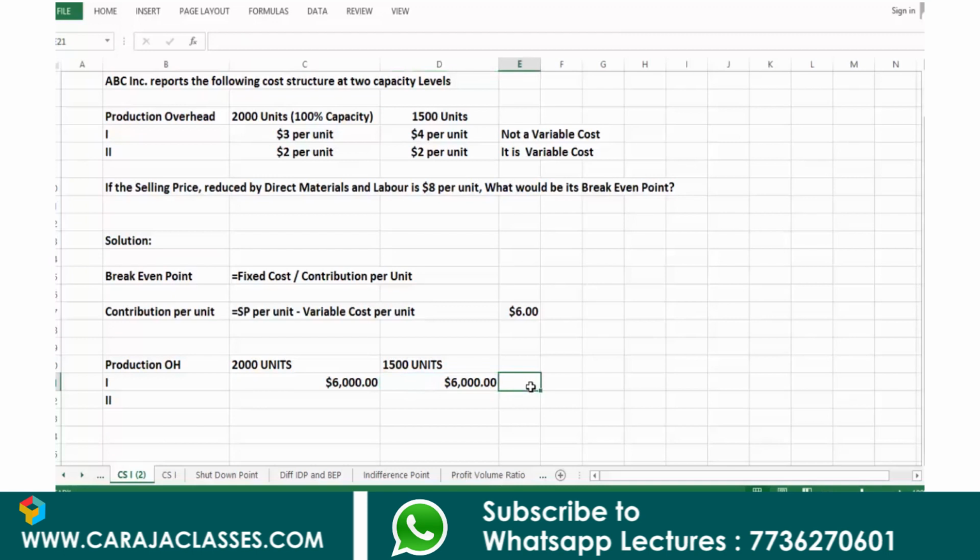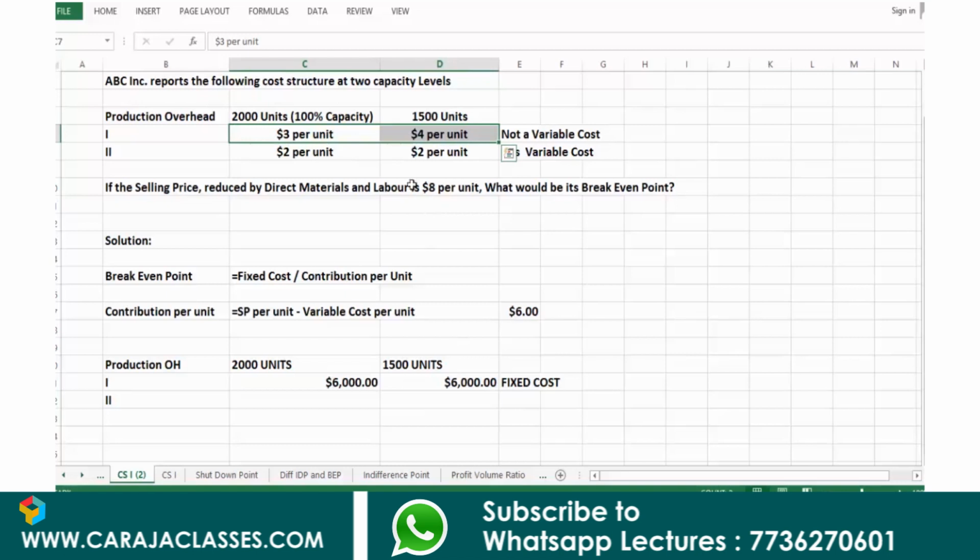So this is remaining fixed. This is the fixed cost. If you recollect, we said that this is not a variable cost because variable cost per unit will not undergo a change, but fixed cost per unit will undergo a change, though in totality it will not. Look here, the total has not undergone any change, but per unit will.